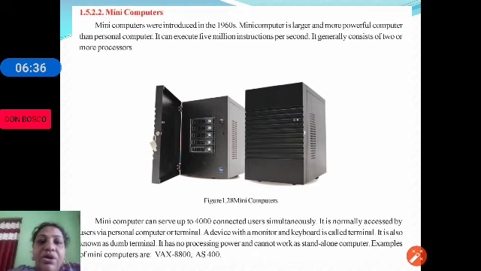There can be 4,000 terminals connected to one mini computer, and each terminal can serve one user. Some examples of mini computers are VAX 8800, AS 400. So this is about the mini computer.